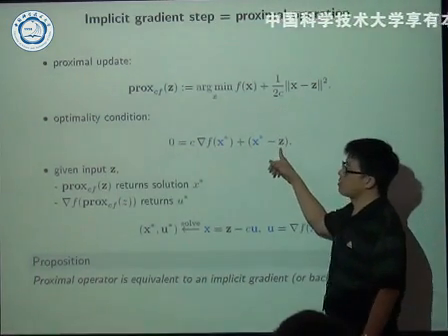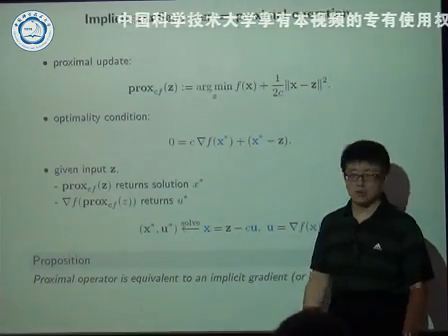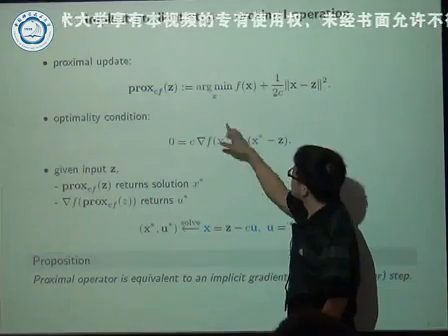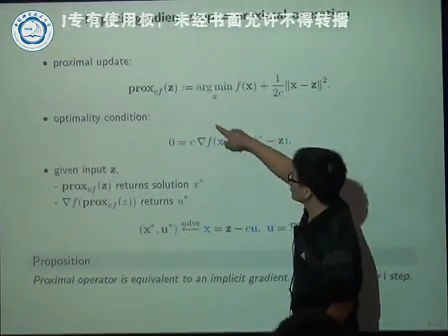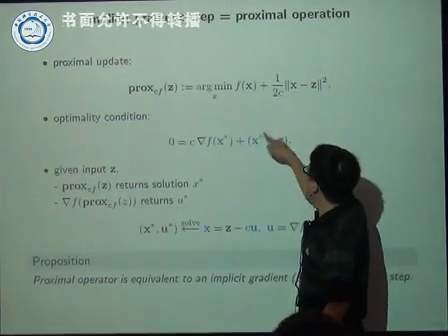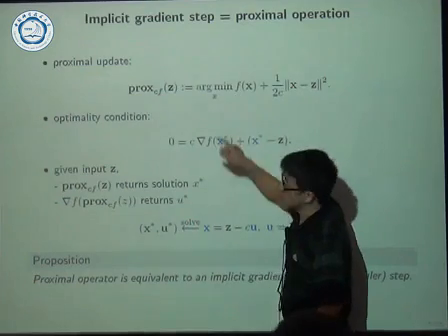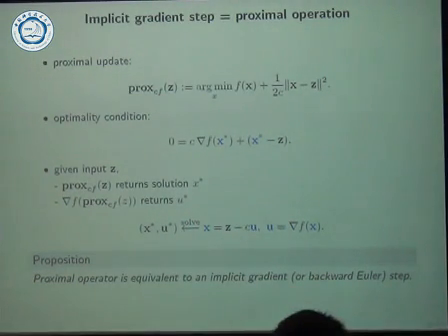You take the first order optimality condition. Take the gradient. It's just 0 equals the gradient of this function, plugging in the solution. The solution is x star, plus x star minus z. Now I move this 1 over C to the front of f. Then I have this first order condition.